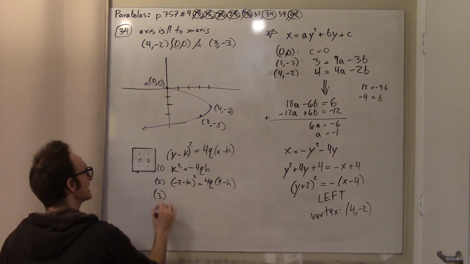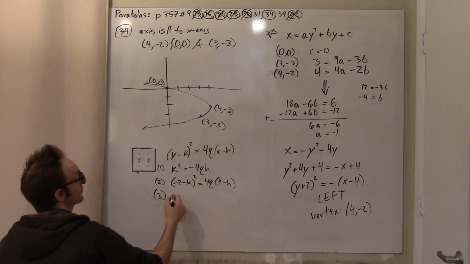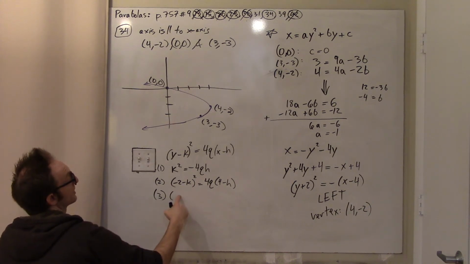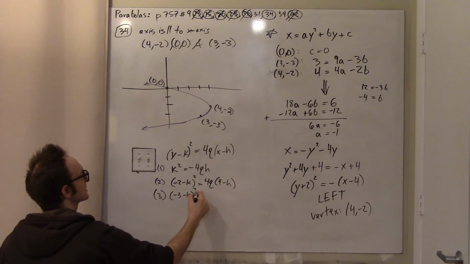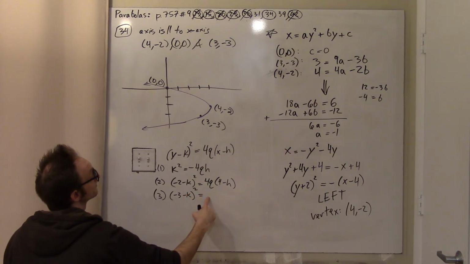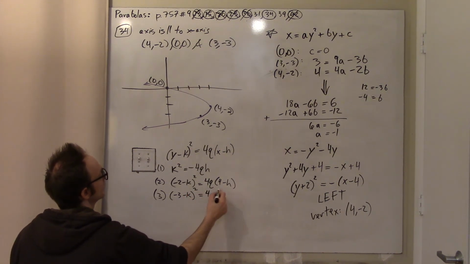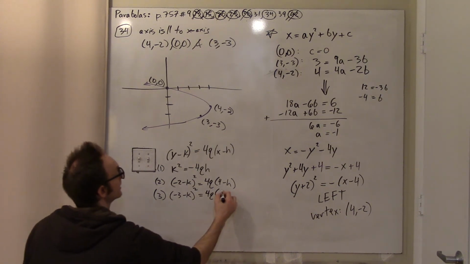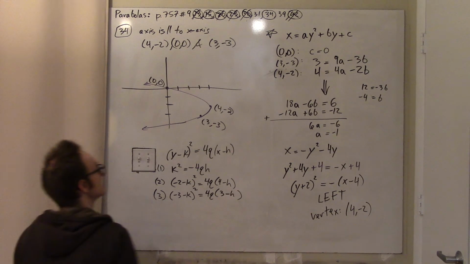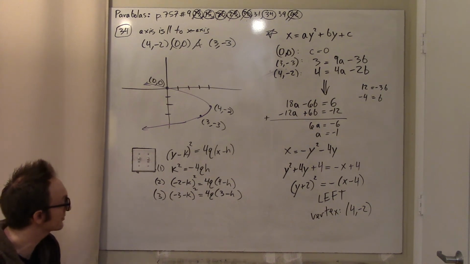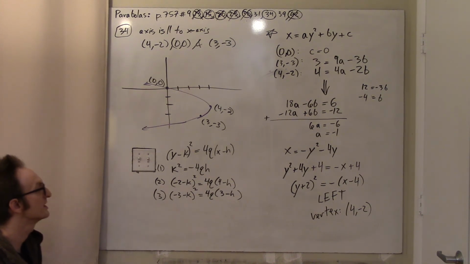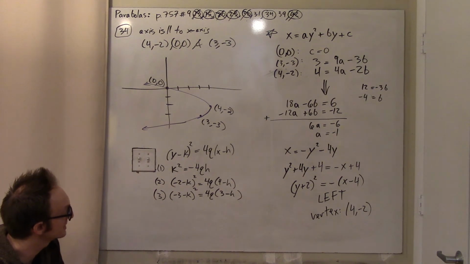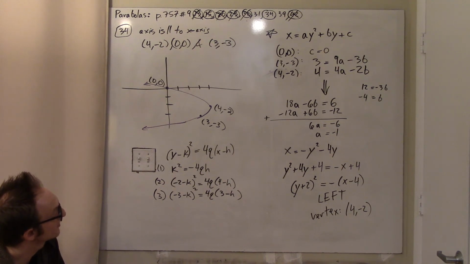And my third equation, plugging in 3, negative 3: negative 3 minus k squared equals 4q times (3 minus h). So I still have 3 equations in 3 variables, but it seems much more difficult to solve this system. In fact, I don't even remember how to do this.